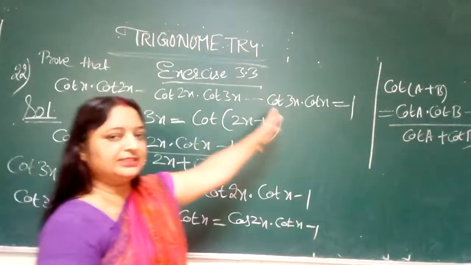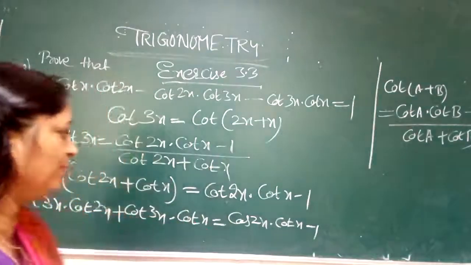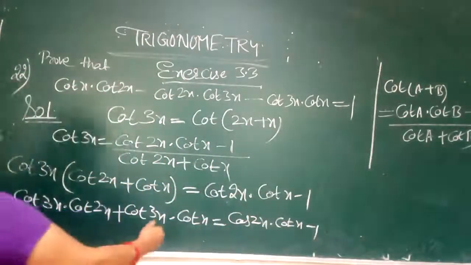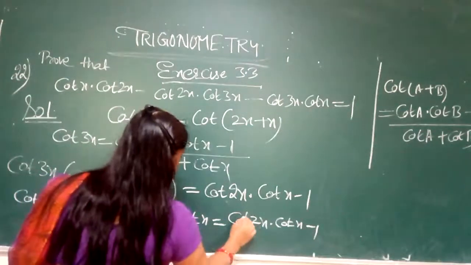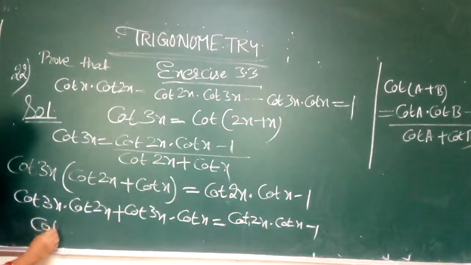And here you can see the question. The 1 is on the right hand side and that is positive. So transfer this 1 to this side and this term to the left hand side. So it will come cot 2x into cot x.